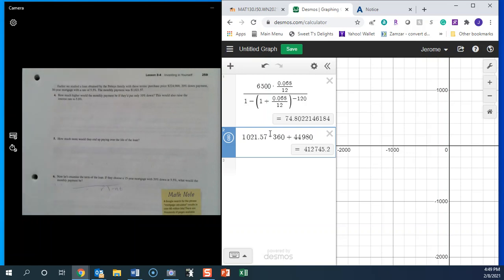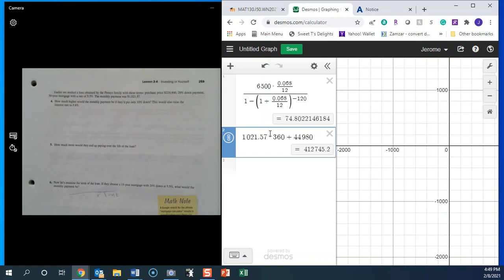So now we're going to end up using this formula. All right, so it says earlier we studied a loan obtained by the Petty's family with these terms. Purchase price $224,900, 20% down payment, 30-year mortgage with a rate of 5.5%.